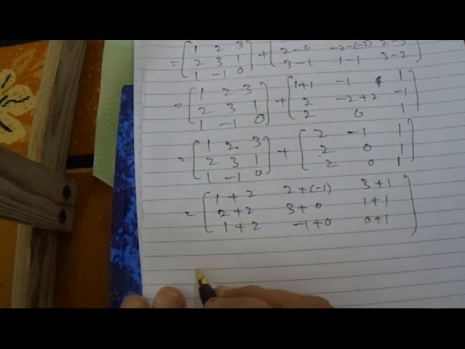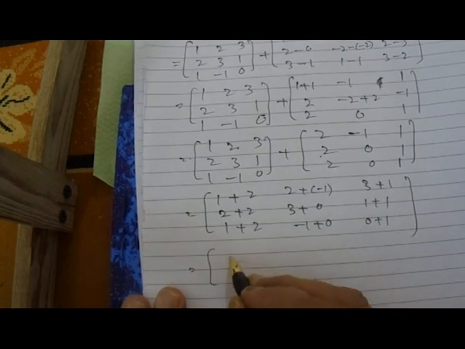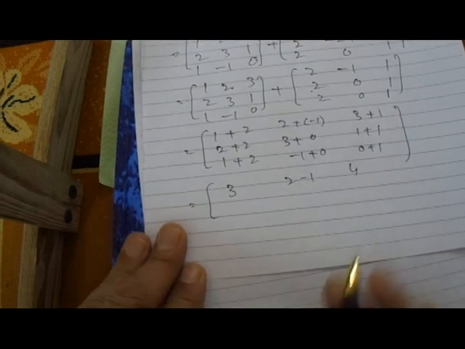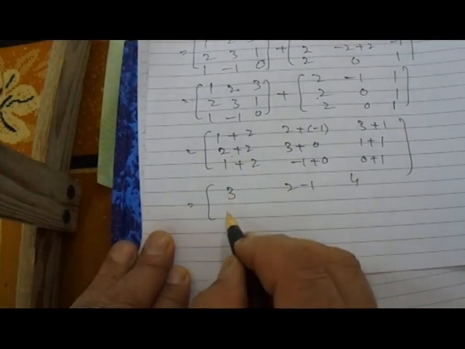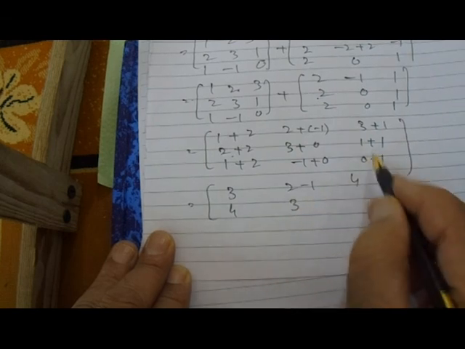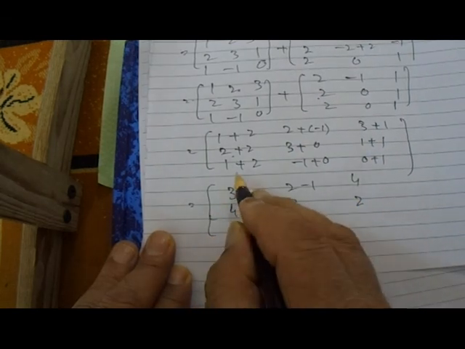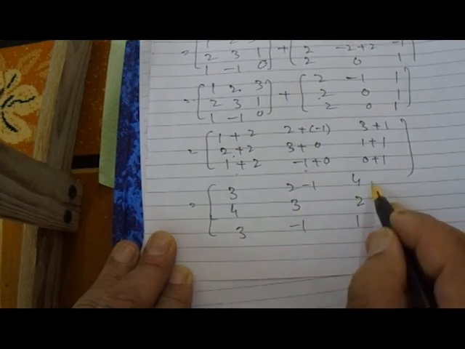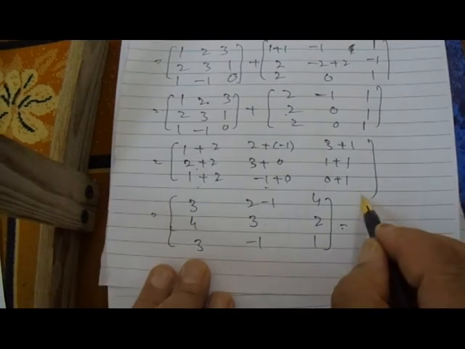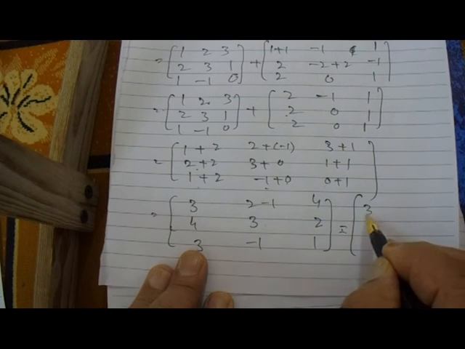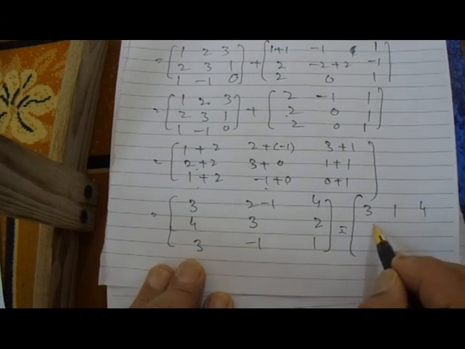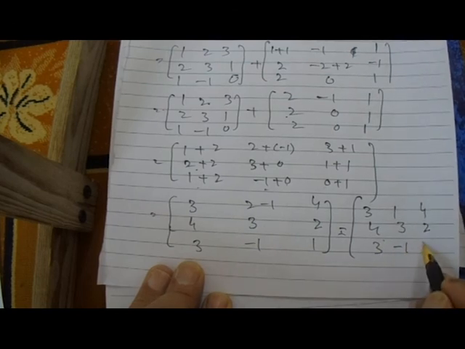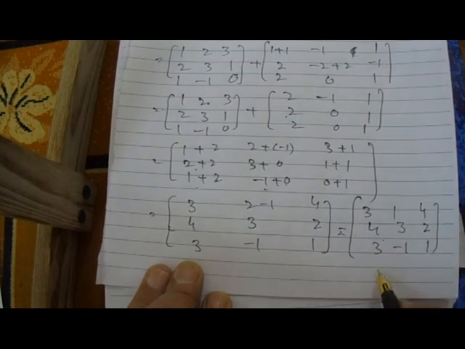Next 1 plus 2 is 3 and 2 minus 1, 3 plus 1 is 4, and again 2 plus 2 is 4, 3 plus 0 is 3 and 1 plus 1 is 2, again 1 plus 2 is 3 and minus 1 plus 0 is minus 1 and 1. Now it is equal to this, and we write again here 3 1 4 and 4 3 2, 3 minus 1 and 1. Now it is the solution of our left hand side.